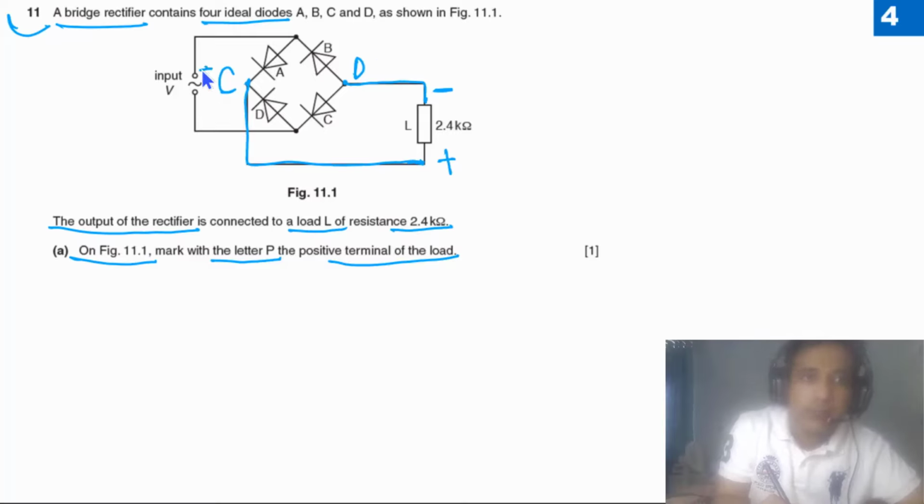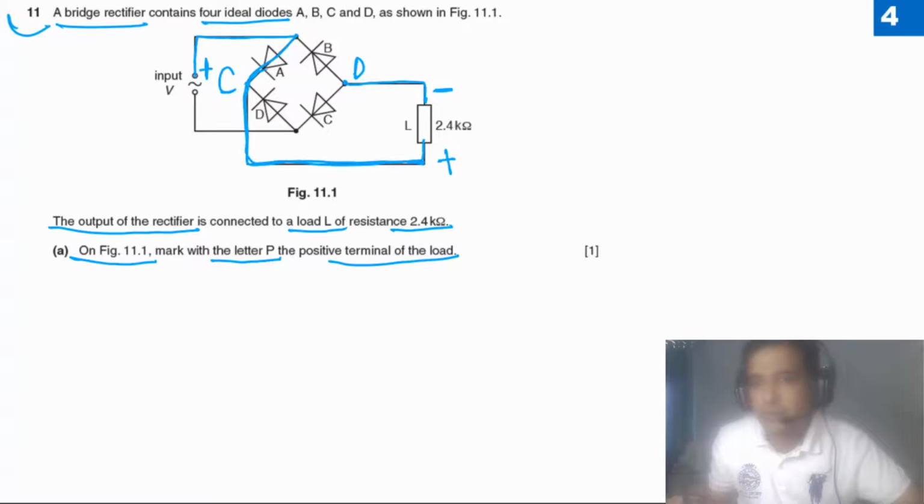Let's say when this is positive, half of the cycle. So how will current flow? Current will flow like this. At this point, current cannot go this way. So current will pass through this diode because this is in reverse bias. So current will enter from this side. So this is positive.